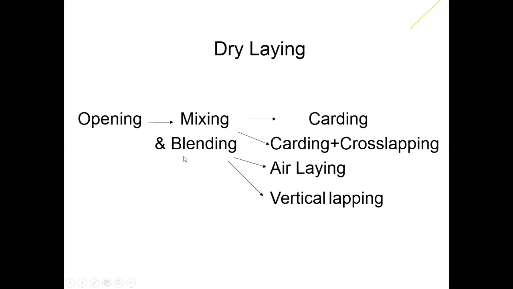So if you want to prepare a blend non-woven, we can use different fibers, and previously first we have to open the tuft. The tuft opening is done with the help of hand, or if it is a large amount, then we can use some other techniques to open the tuft of the fibers.